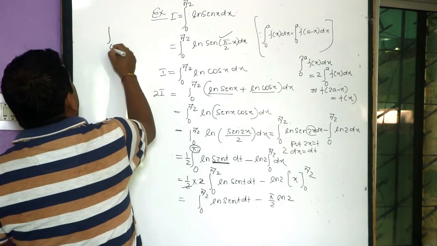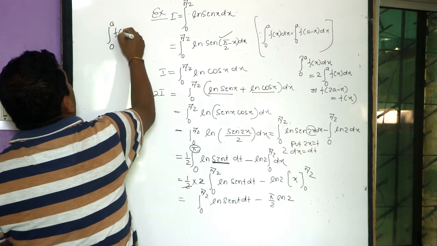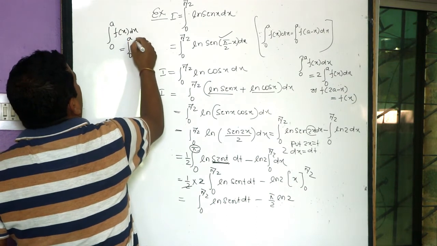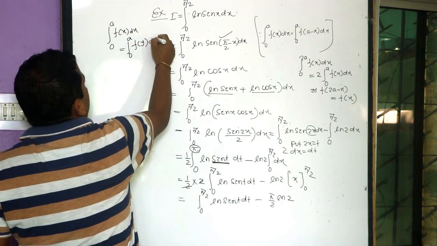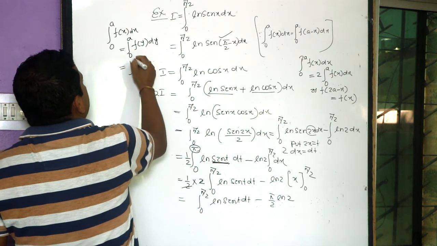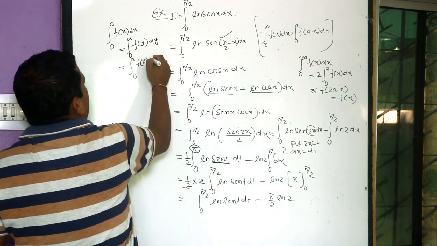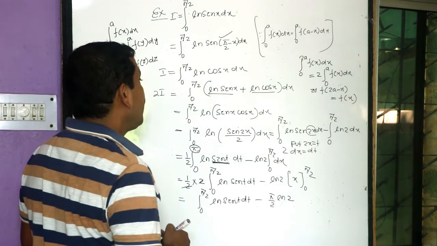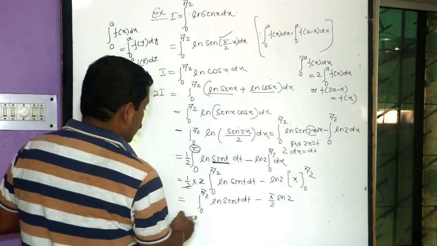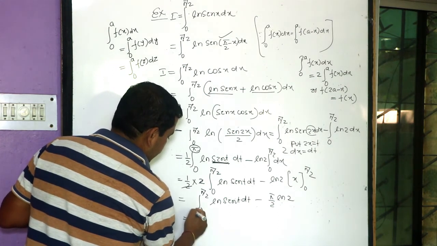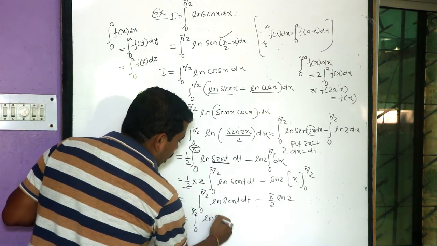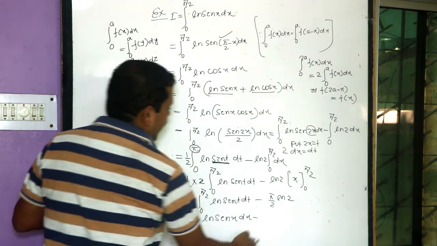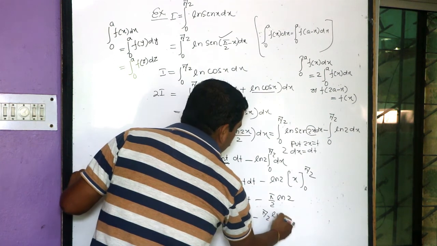Already we have discussed that integral 0 to a of f(x) dx is the same as integral 0 to a of f(y) dy, the same as f(z) dz. Variable has no role in the definite integration. So this integration is integral 0 to pi by 2 of log sin x dx minus pi by 2 into log 2.